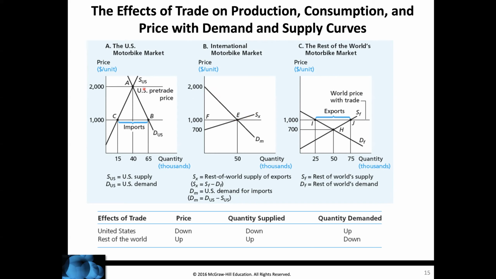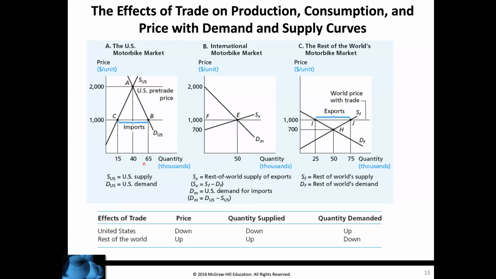So what happens? We start from our US pre-trade price. This is before imports happen, at 2,000. But once imports are allowed and free trade begins, you can see the price drop from 2,000 to 1,000, which is the new world price. So what we have here is a mismatch looking domestically. At the price of 1,000, domestic consumers want more.